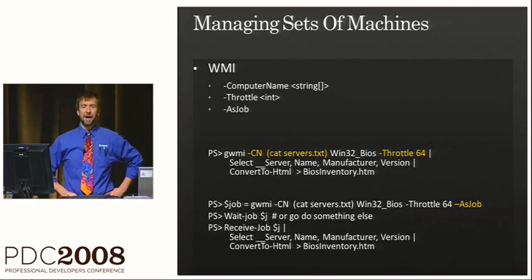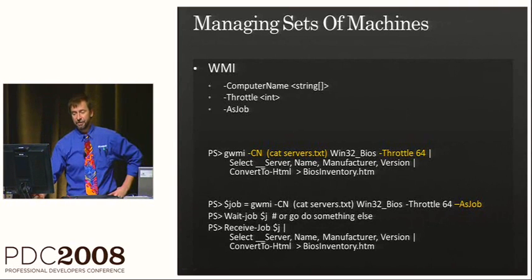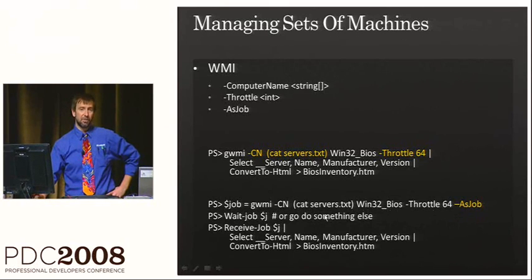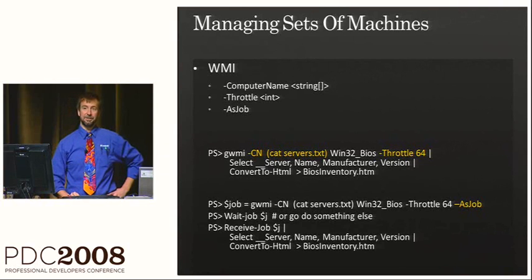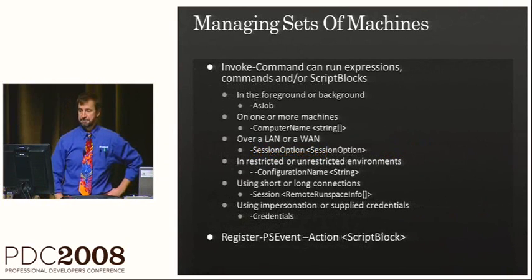But if you're going to do it to 5,000 machines, then you want to have this other version. You do exactly the same thing, but you say -AsJob. Now it's going to run in the background, because that might take a while. And then you wait until it's done, and then you do the Receive-Job, and you can do exactly the same 2 lines of code to create an HTML inventory.